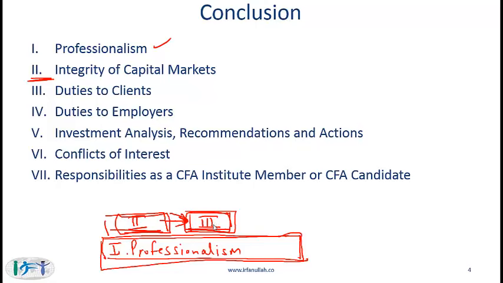Take a simple example. Let's say that you have material non-public information based on which you are not benefiting yourself, but you are doing something that will make your client benefit. Is that appropriate? Answer is no, because using material non-public information will violate the integrity of capital markets, and therefore this is not acceptable.